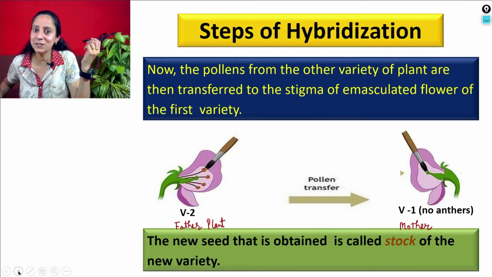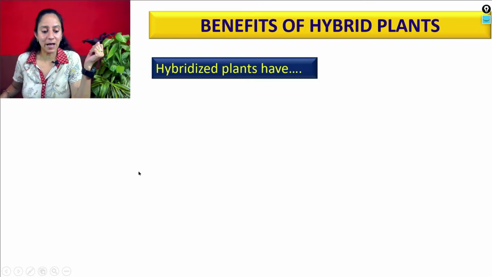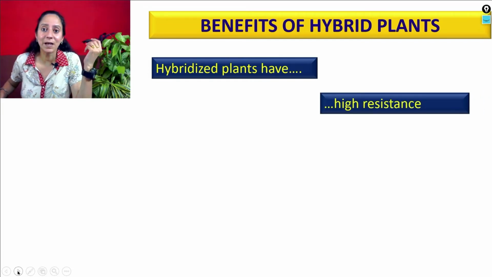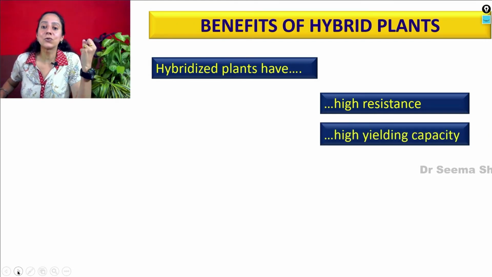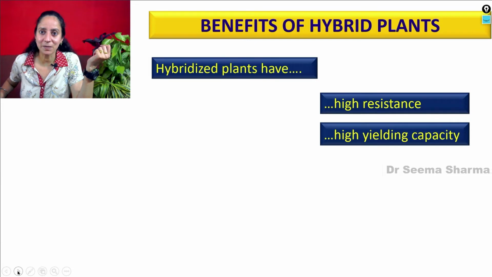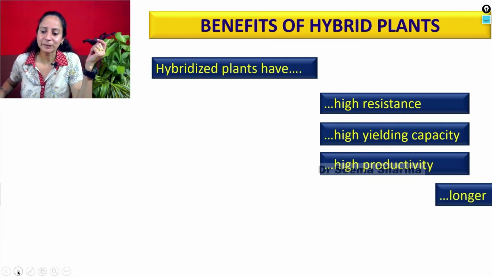So the varieties which are developed with the help of hybridization are called hybrid varieties or hybrid plants. They have all the desired qualities, like high resistance against diseases, pests, and insects. They have high yielding capacity, and there is high productivity.